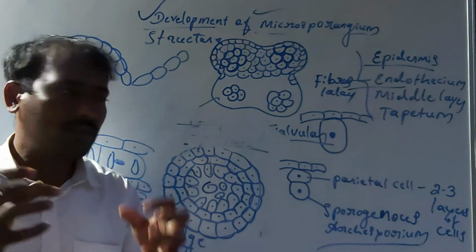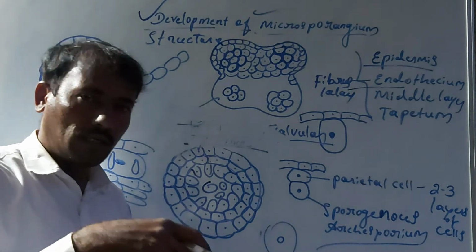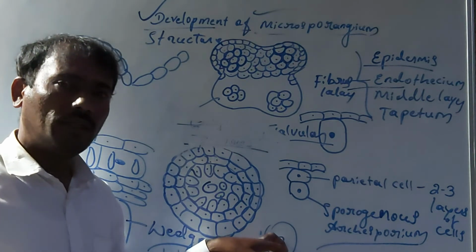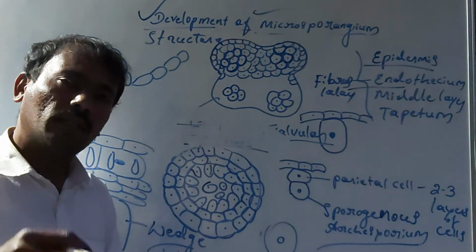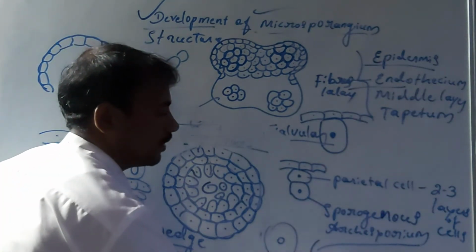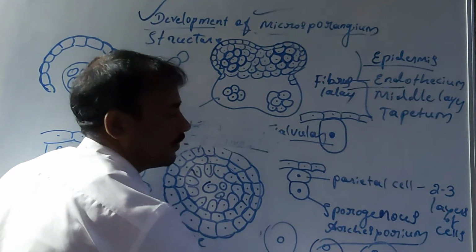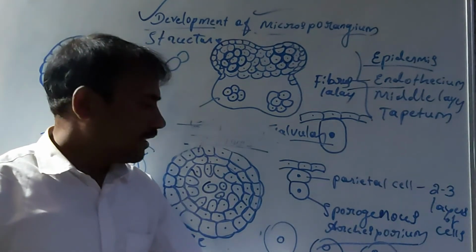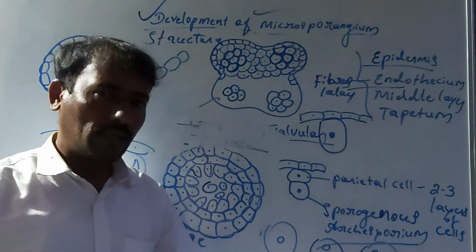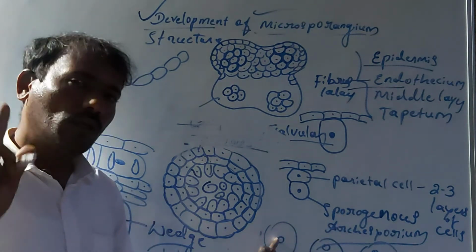As they contain a diploid nucleus at the earlier stages, the nucleus of the sporogenous cells divides meiotically and later mitotically to form four nuclei. Earlier, the sporogenous cells contain only one nucleus.